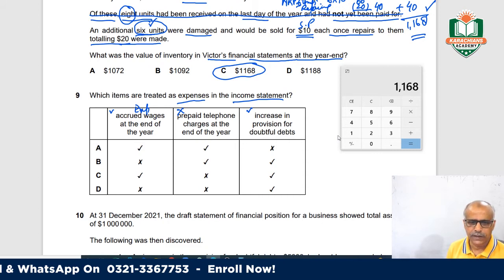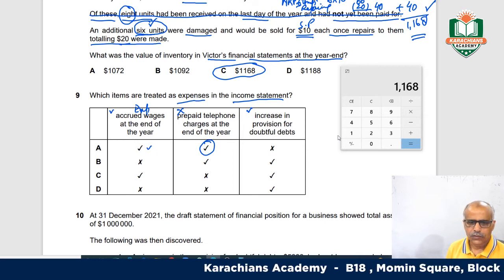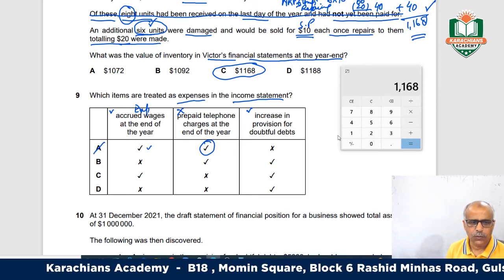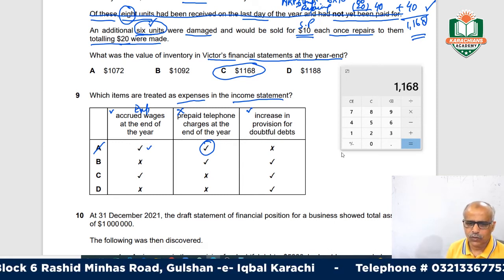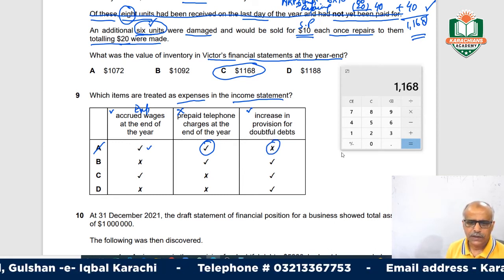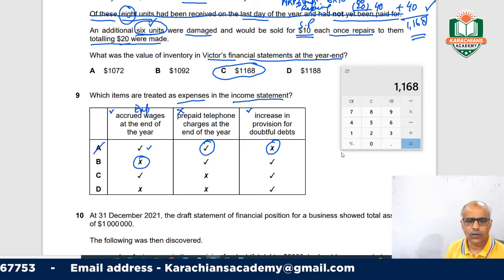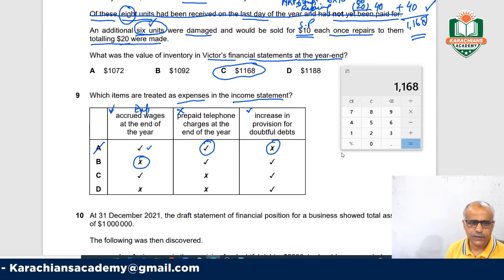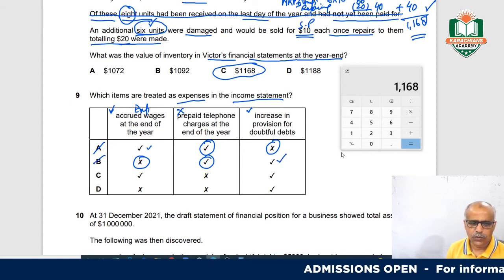Now we see it has given you different options. This is correct, right? This is not correct. This is wrong. So based on this, you should avoid option 1. Increase in this is wrong and this is also wrong. This is wrong because he's saying not to be charged. No, this will be charged. This is correct. So this whole is incorrect.